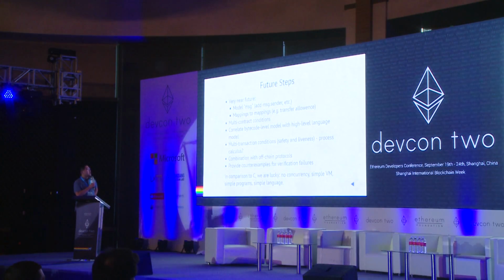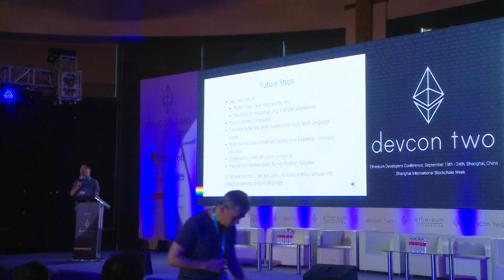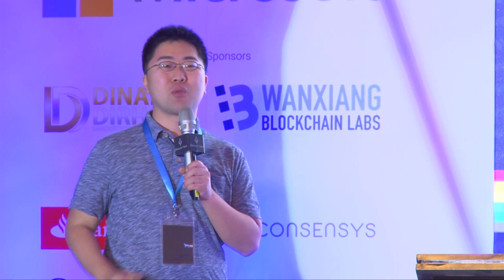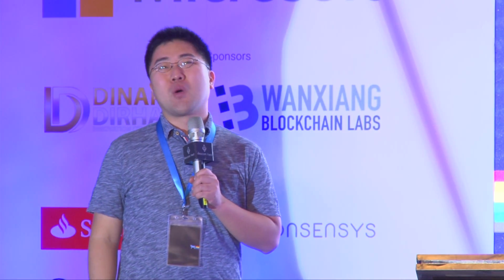But feature-wise, we have more problems to solve than just verifying one Solidity contract. I think we are moving to many small contracts rather than one monolithic big contract, so we have to be able to reason about multiple cooperating contracts. And then just reasoning about Solidity code is not enough, because what runs on the blockchain is not Solidity code, but compiled bytecode.